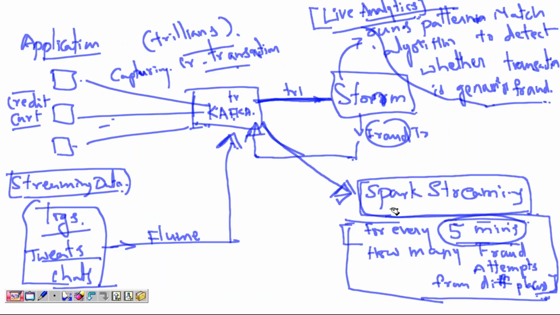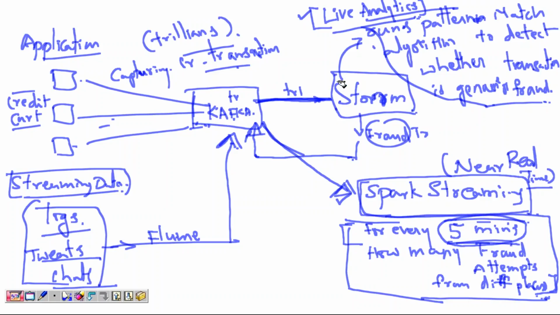And second, Spark streaming cannot analyze a single record, that means a single transaction, as fraud or genuine. That means Spark streaming is not fit for live analytics. The Spark streaming purpose is micro analytics. You can say this is near real time.